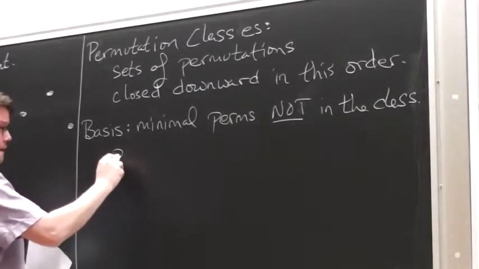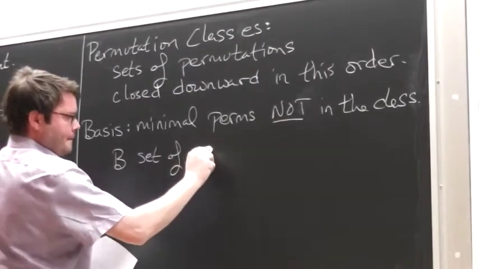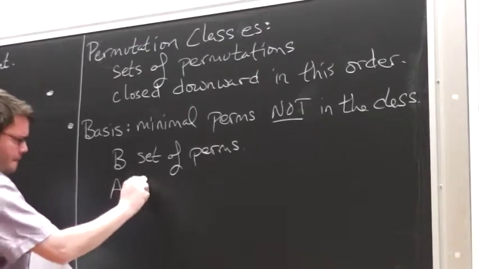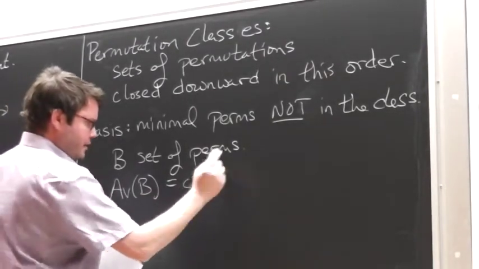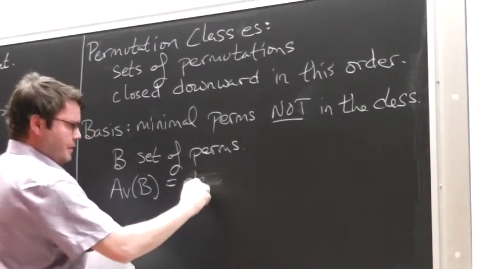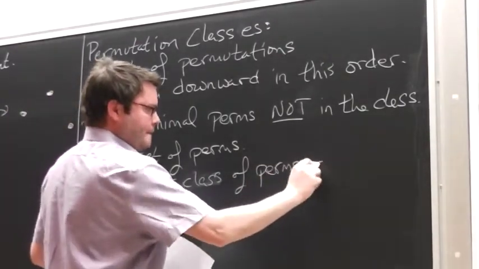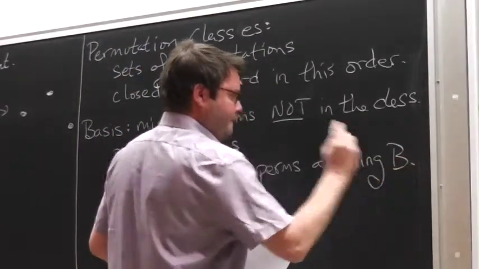And if we have B being a set of permutations, we'll write Av(B) to be the class with basis B, or maybe I'll just write the class of permutations avoiding B.